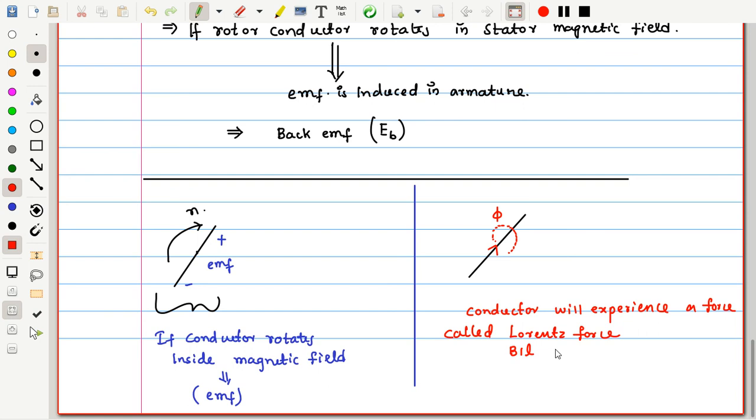This force will try to create some torque. So see these two things. I am not talking about the specific generator action or motor action.